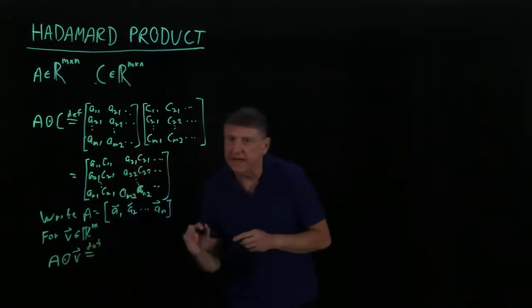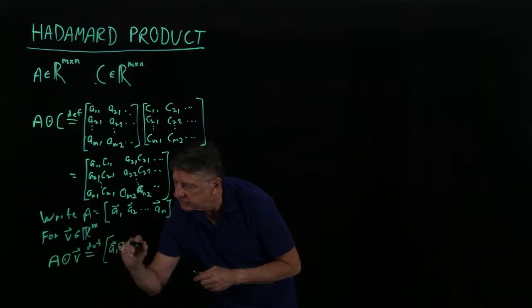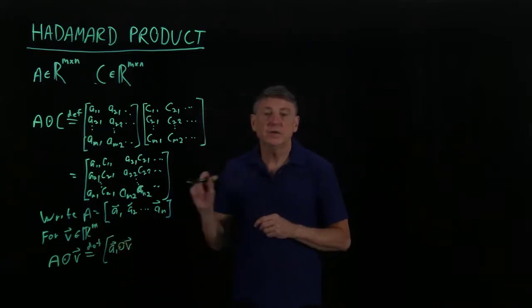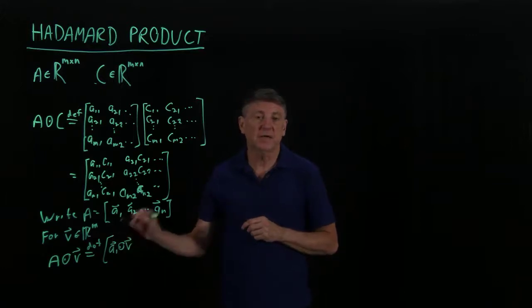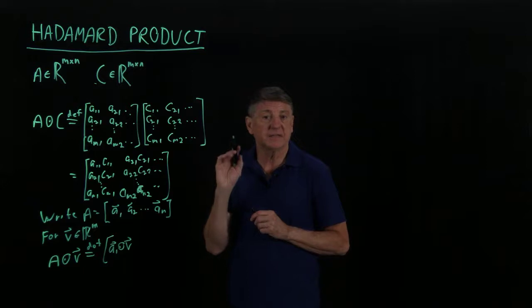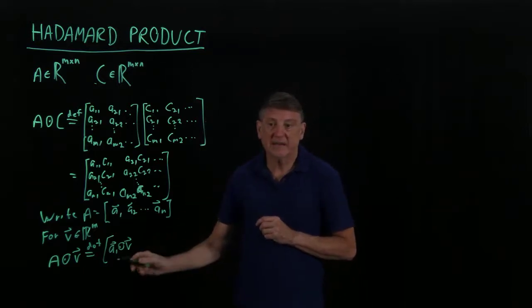That is, we can treat a vector as though it's an m by 1 matrix. And if it's an m by 1 matrix, we can apply this rule.